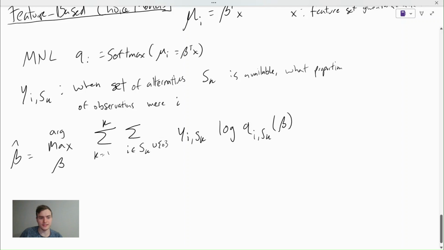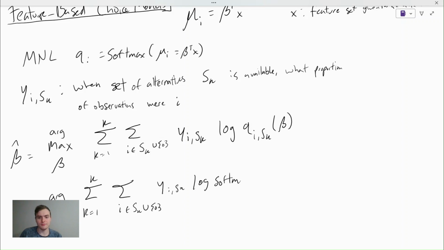And so that's the same as the argmax over beta of the sum over k sets of alternatives, or basically, you could also think of it as each observation is a different sk, sum over i in sk or 0 of y_i(sk) times log softmax of beta transpose x_i.